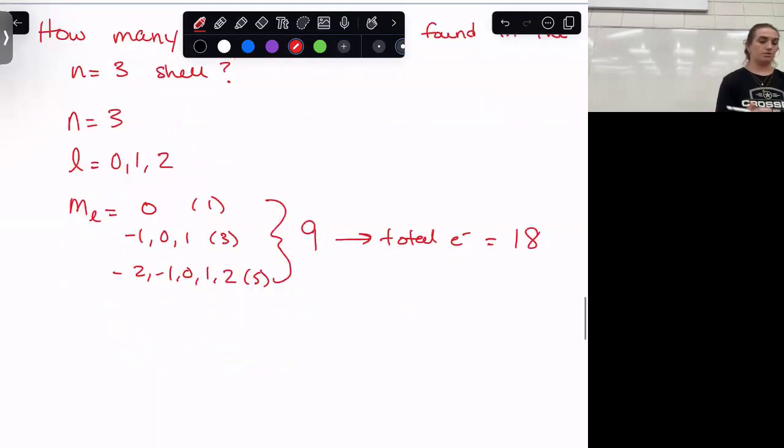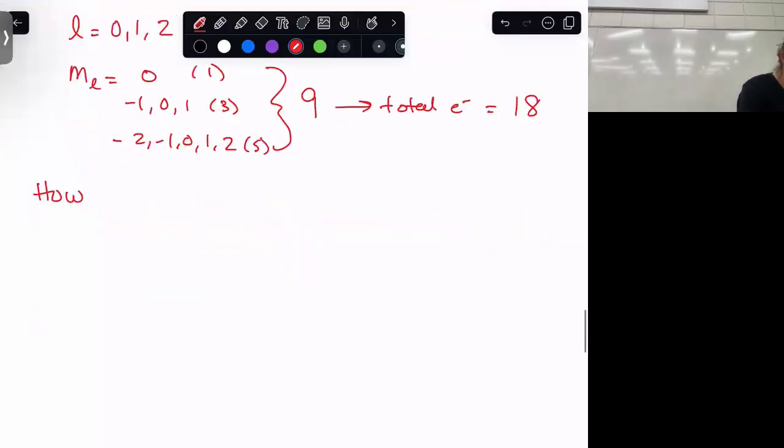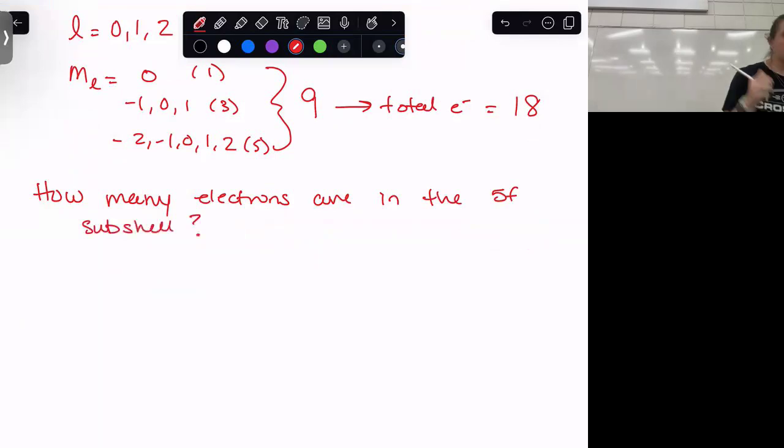If I just ask you for how many electrons are in the 5F subshell, how does this change? What are our options now?